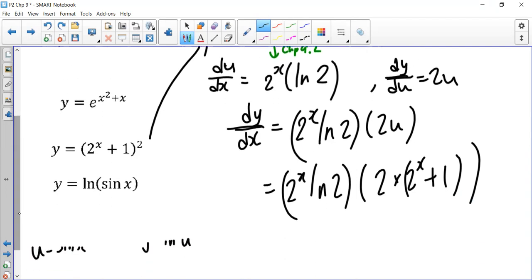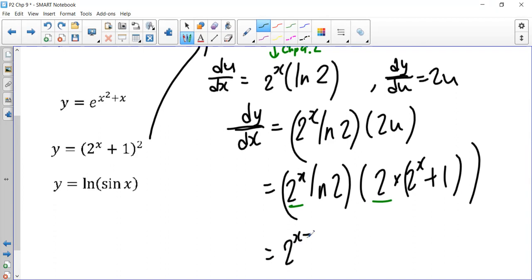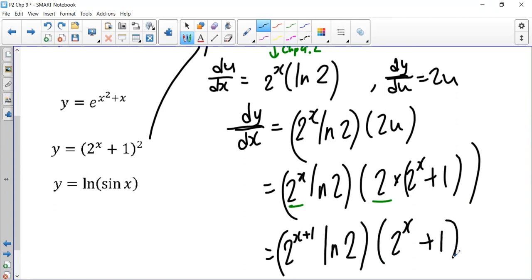But if you do want to do some simplifying, there's something we can do. For example, 2 to the power of x times 2 is 2 to the power of x plus 1. Now, this is optional. So 2 to the power of x plus 1 ln 2 times 2 to the power of x plus 1. That's probably the maximum we can do. Yeah, leave it like this.